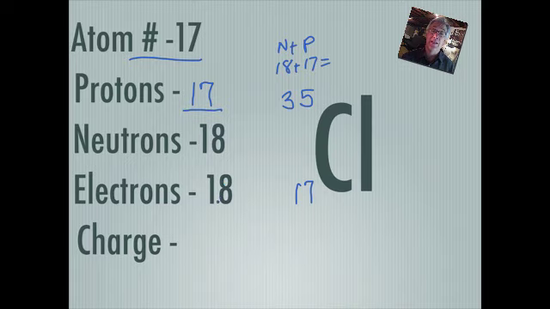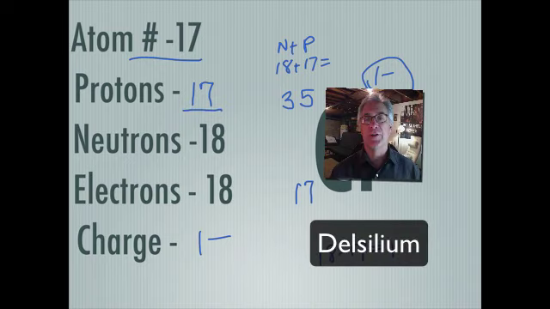But this is 18 electrons. Now what are we going to do? Well, this means there is one more electron than a proton. So if you just take 18, subtract the 17, we're going to have 1. That means it's going to have a charge of 1 minus, because it has a negative charge and it has one more electron than proton. That's going to give us a 1 minus. So that would be the charge.